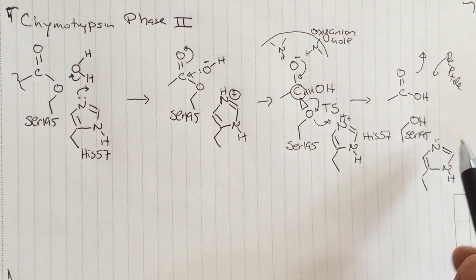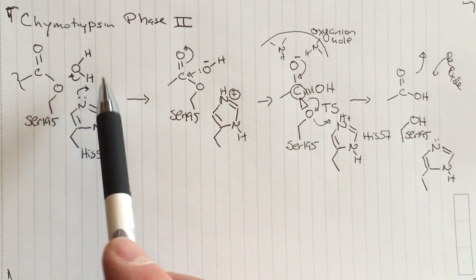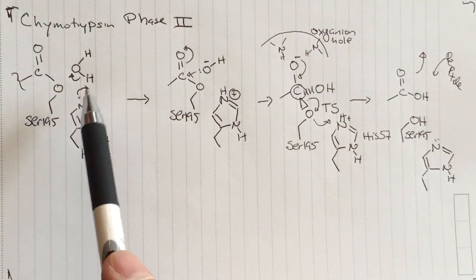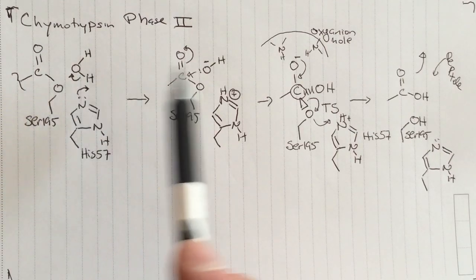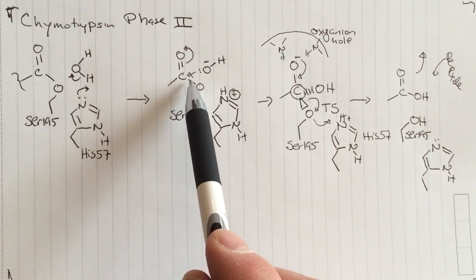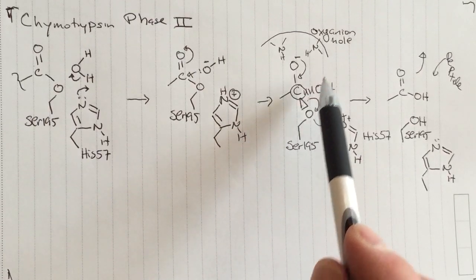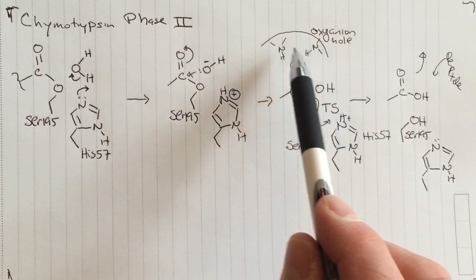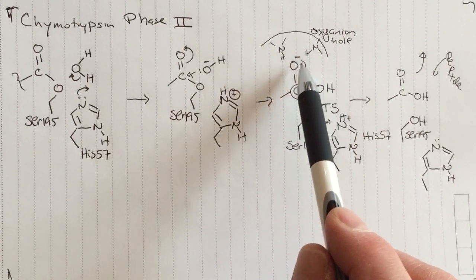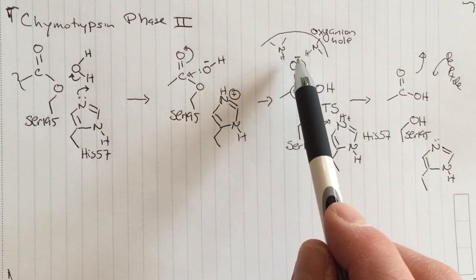So in both phase 1 and phase 2, we're talking about generation of a strong nucleophile. The base catalyst, histidine 57, works to generate a strong nucleophile, converting water into hydroxide ion. Nucleophilic attack at the electrophilic center generates a transition state with tetrahedral geometry, and this is stabilized by the oxyanion hole, which means the close proximity of two NH groups provided by peptide linkages as part of the enzyme that stabilize the accumulation of this negative charge.